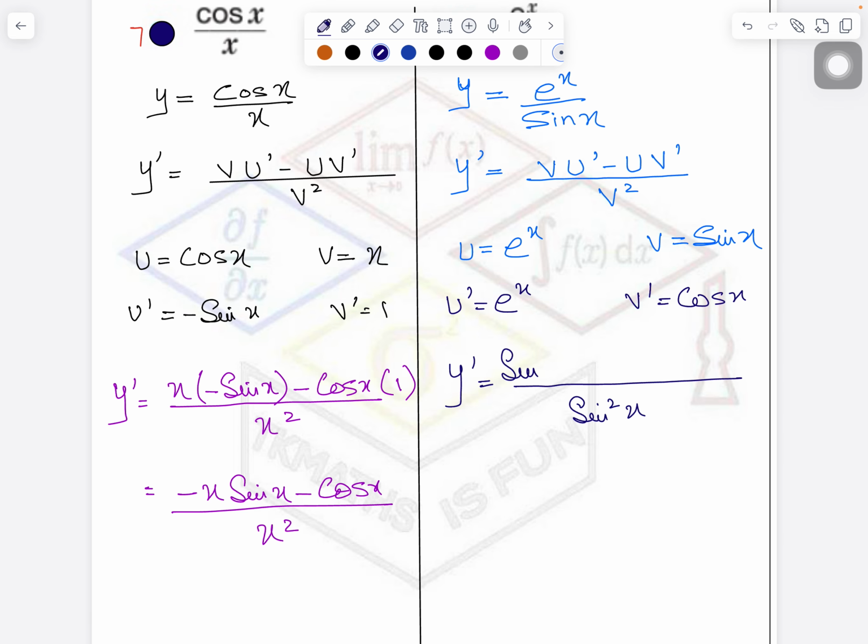So sin x, and differentiation of u is e power x, minus u is e power x and differentiation of v is cos x. So now if you notice, there is a common term which is e power x. So what is left behind? Sin x minus cos x.